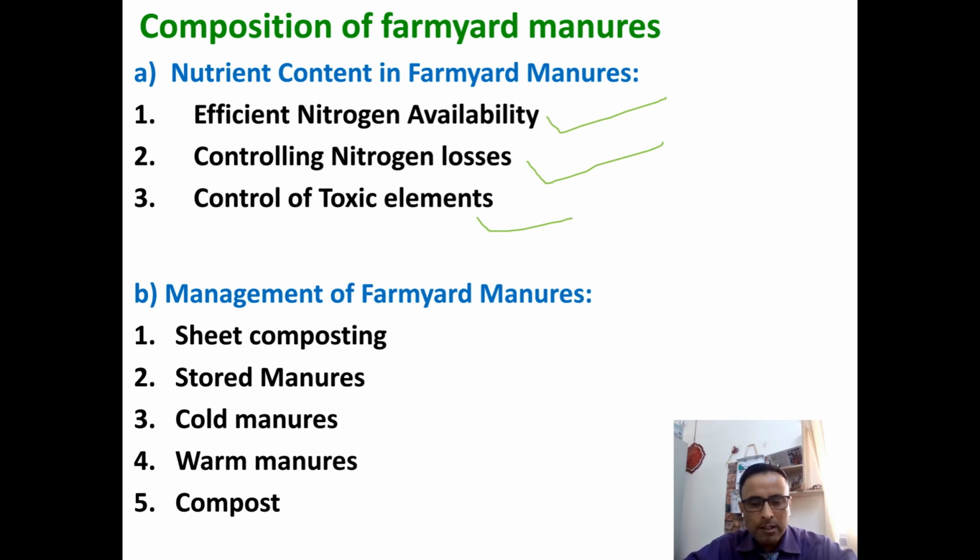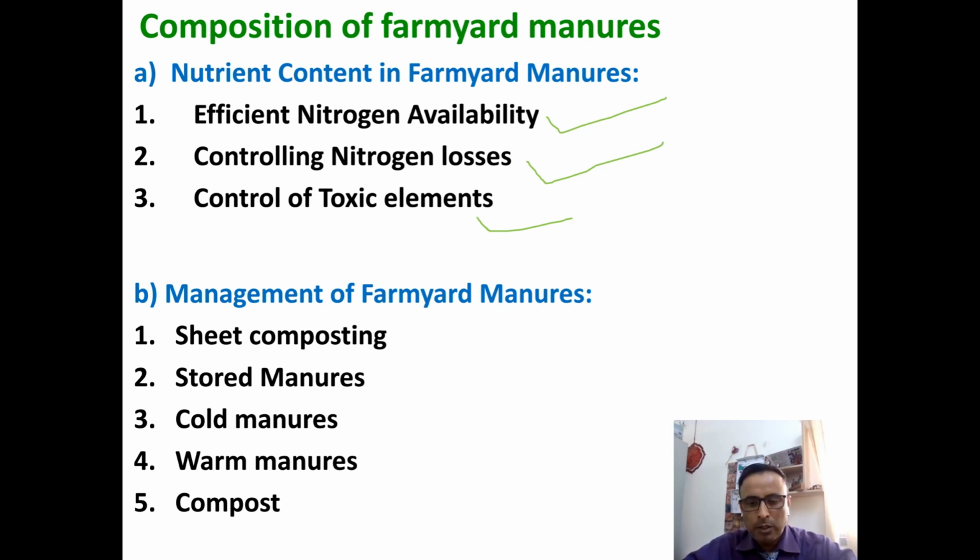So while generating the manure, heavy metals like zinc, antibiotics like bacitracin, and toxic elements will be present in your manure. So checking all these things is very important while generating farmyard manure for your organic purposes. The second part of this is management of farmyard manure.